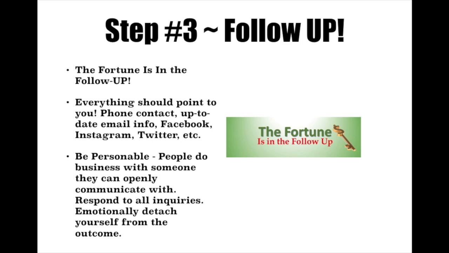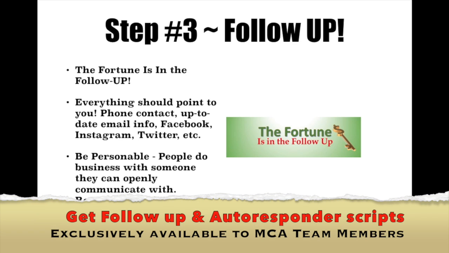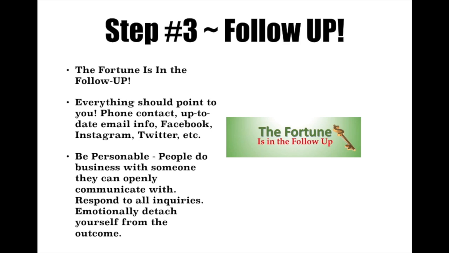Everything that you have within your funnel system should point to you. The information that you forward people to from your opt-in page should get them to a website that will play host to not only the information that they want to know about the company, but how to get back in contact with you. Your phone contact information should be up to date. If you'd like to have an 800 number, I can show you how to do that. You want to make sure that you have a valid email that you're going to be checking on a daily basis to find out who's in contact with you.